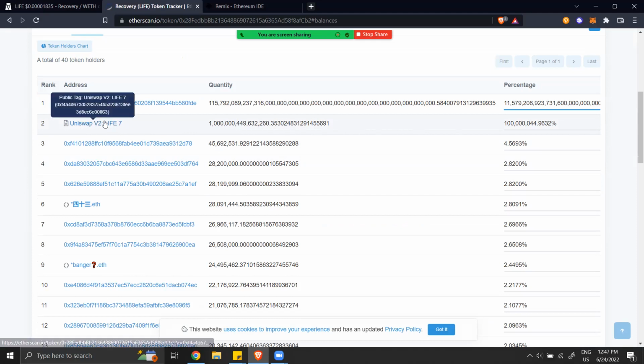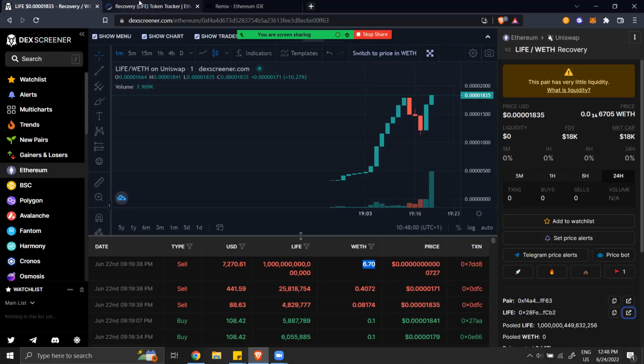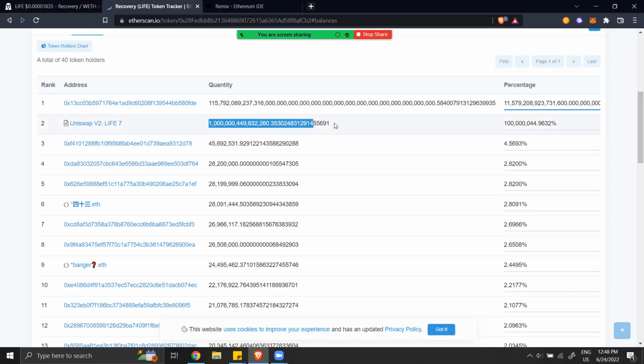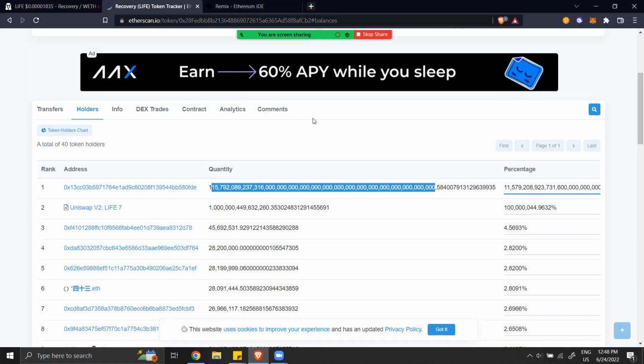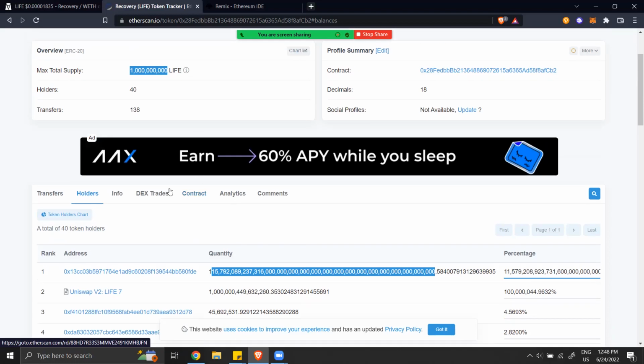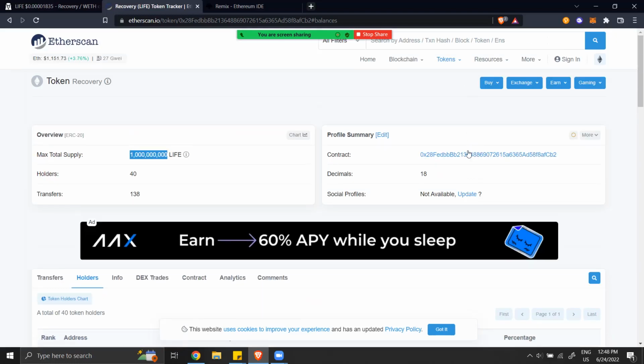On the Uniswap pair, meaning on this one, we have more than 100% of tokens. And that wallet owns a huge amount of LIVE tokens. So we'll go in the code to understand how this can happen.